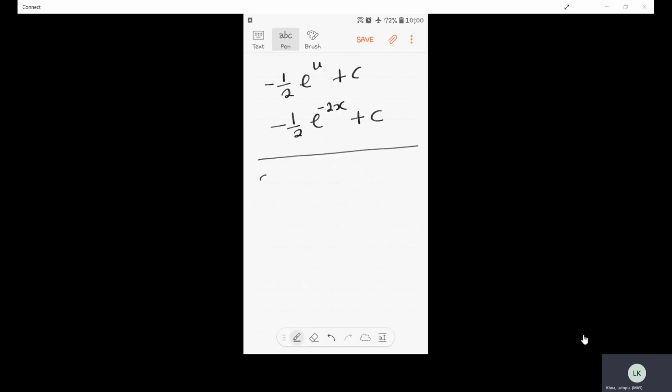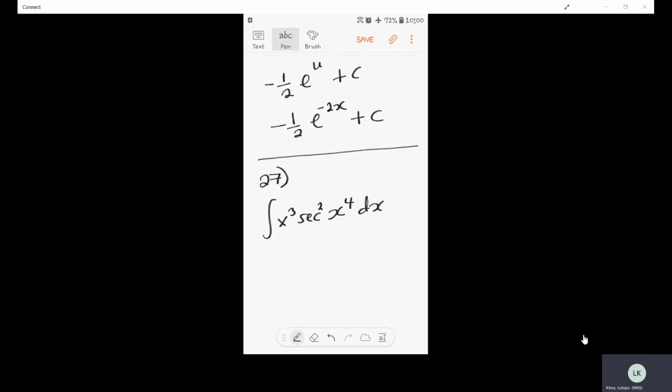And then 27, the integral of x to the power of 3 sec squared x to the power of 4 dx. So another substitution, we let u equal to x to the power of 4, du is equal to 4x cubed dx.